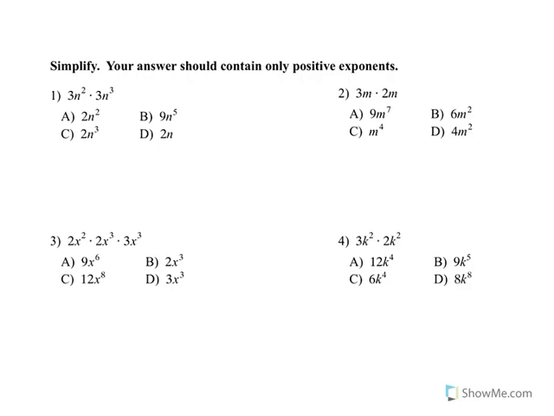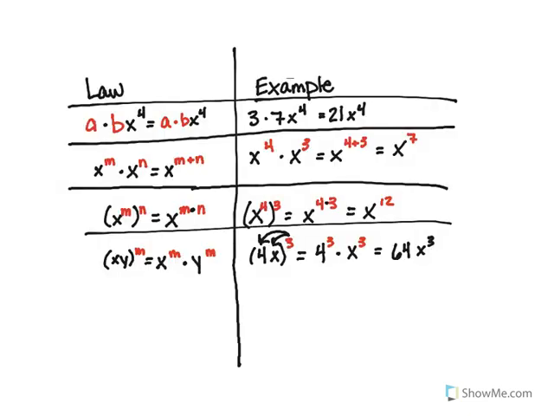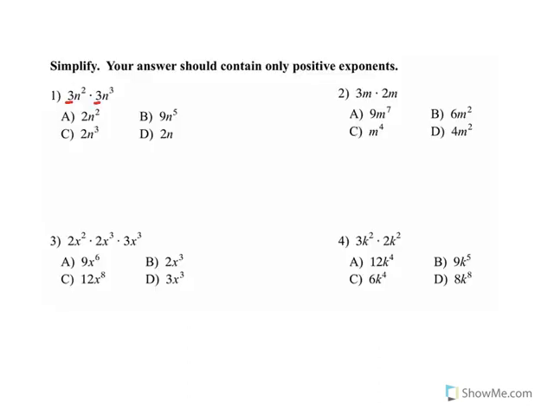So the first thing we have is these 3's out front. The first thing we need to do with those is we need to multiply them. If we go back to our rules, we can see that we need to multiply those. So we have 3 times 3. Then we have an n squared and an n to the third.